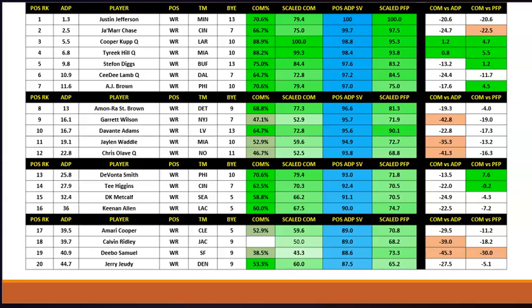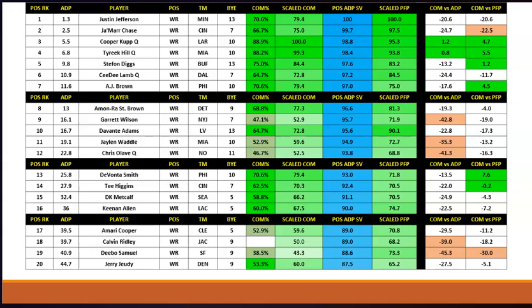And again, position rank, ADP rank, player, position, team, their bye week, COM percent, scaled COM, scaled public ranking, and scaled projections, and then the subtraction that illuminates kind of overlay players.